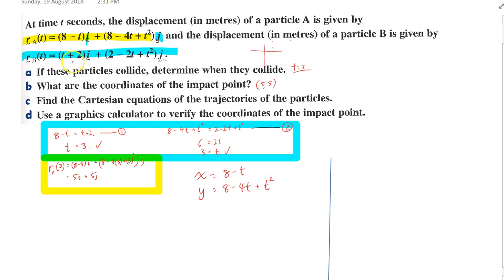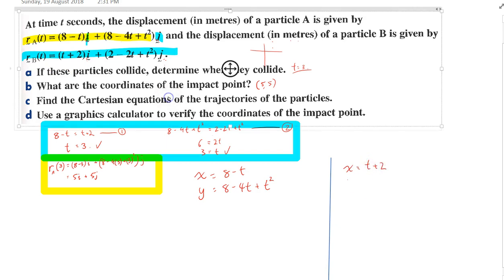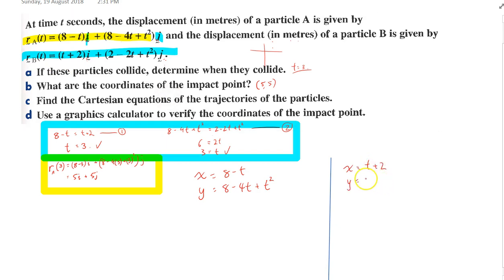And for this one, we know that the x coordinate is equal to t plus 2, and the y coordinate is equal to 2 minus 2t plus t squared. So now if we call that equation 1, that equation 2, and this the other equation 1 and the other equation 2, we can sub in whatever we need to get rid of our t value.